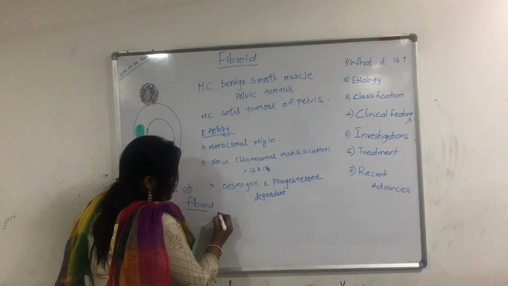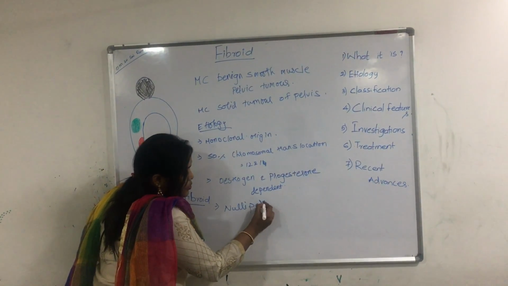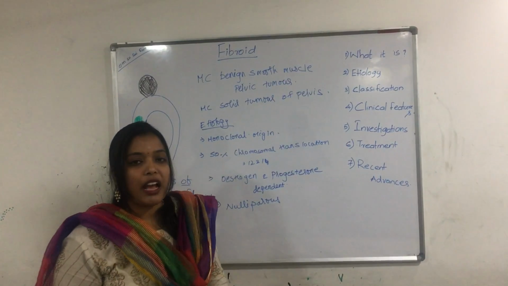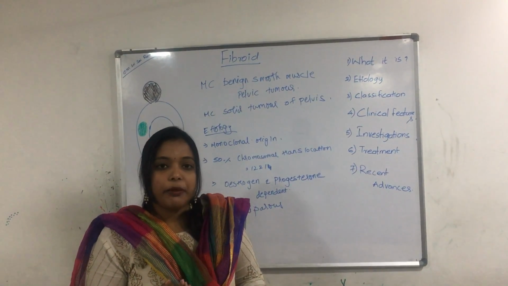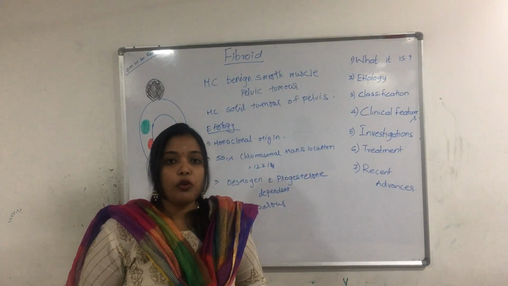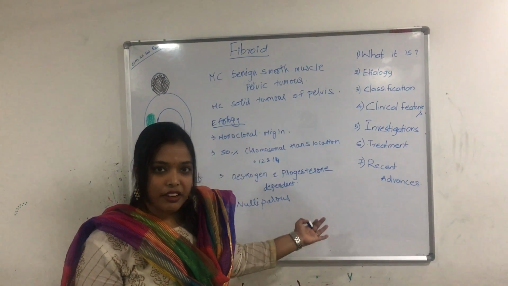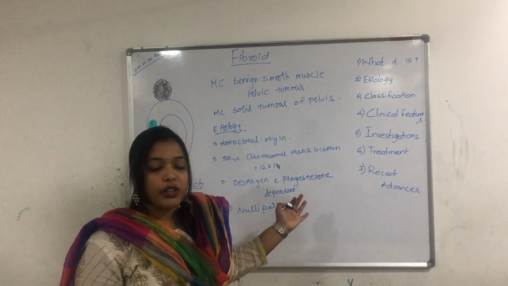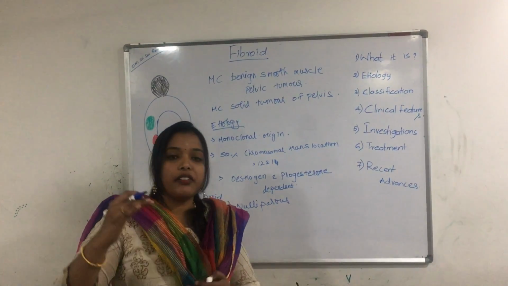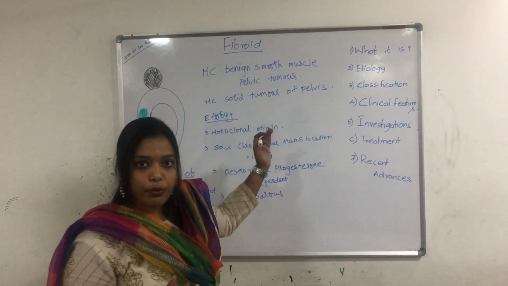One more thing is nulliparous patients, that is, patients who don't have a child. It was said that the womb which doesn't get to carry a child satisfies itself by carrying this fibroid. Nulliparous is a state where the estrogen levels are high.